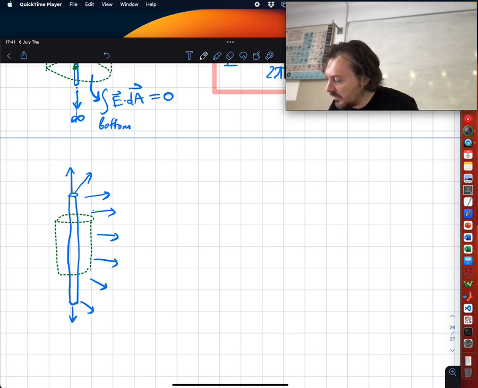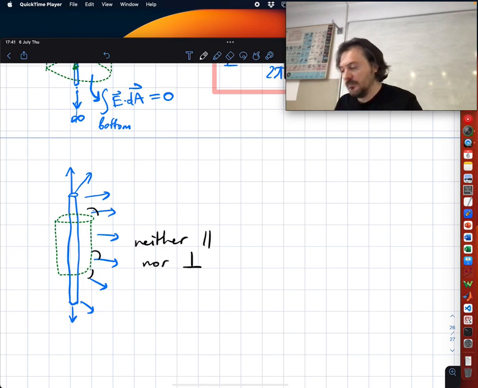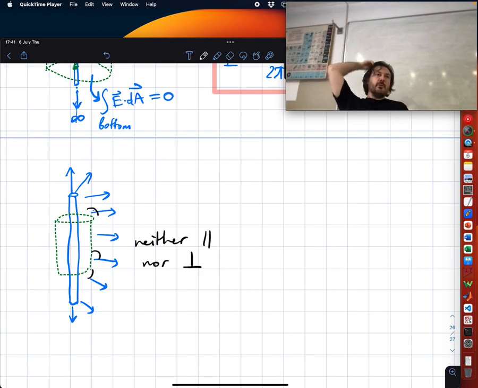Maybe some of them are, but usually these angles are neither parallel nor perpendicular. So that's why you are not going to get easy integrals. You're not going to get just straight E times A. Yes. Even the top of the cylinder is not going to be zero this time, right? Yes, exactly. Very good.